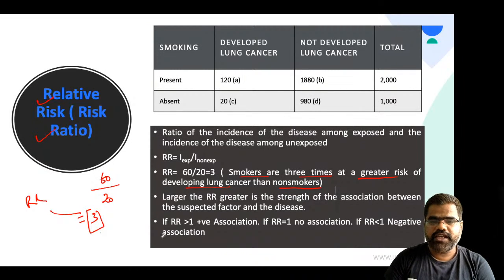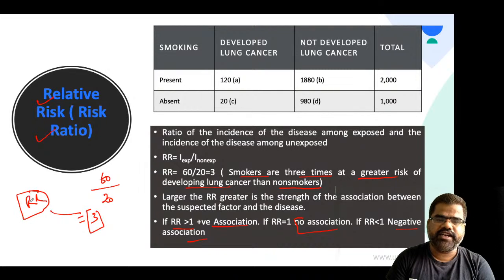If you remember, if relative risk is greater than 1, there is a positive association. Here we have relative risk as 3, so we can say it is a positive association. If it were 1, no association, and if it is less than 1, it is a negative association. So this is the way we interpret relative risk.